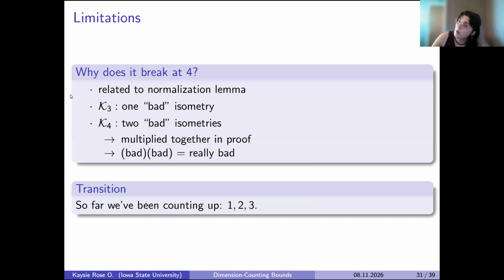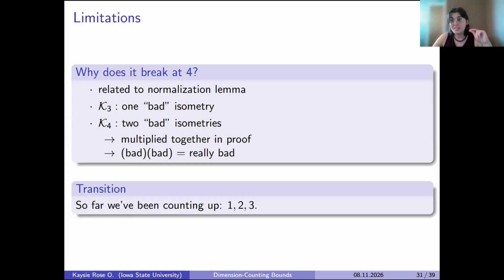It comes ultimately from the normalization lemma. When we're working with K3, we have one of those meh isometries, one bad isometry, and we're just barely able to control what it does. But when we go to K4, we get two bad isometries.